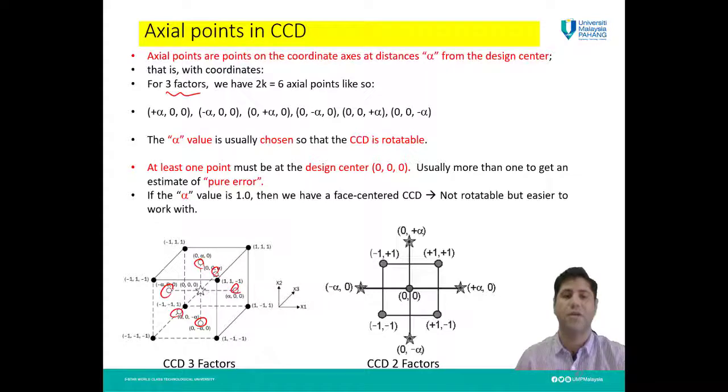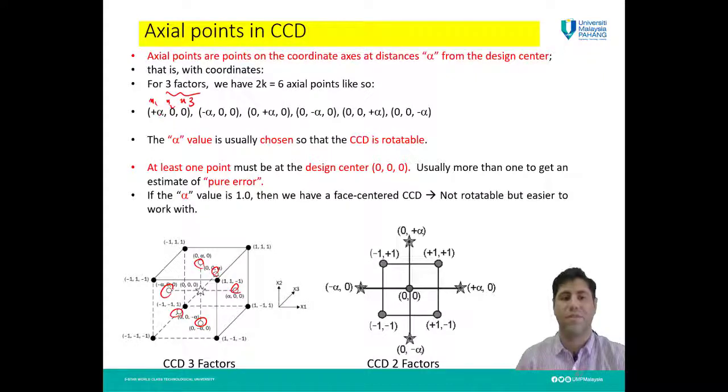The value for each factor at these points is one actually. Here is x1, x2, x3. The value of each factor in each one of these axial points can be written like this.